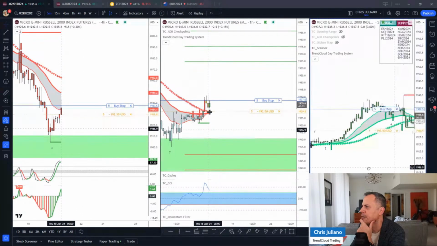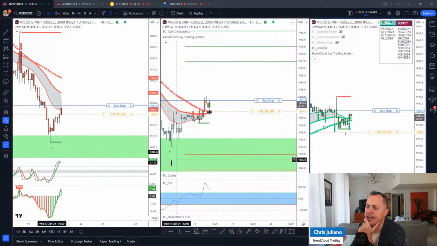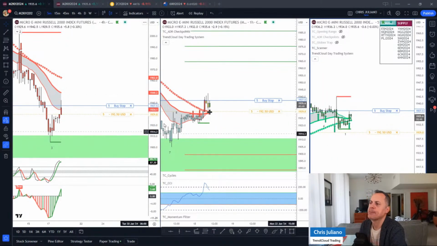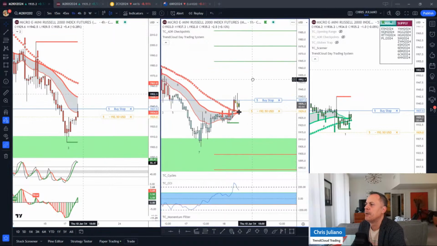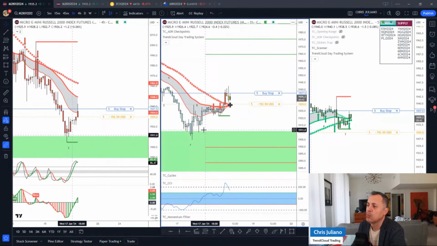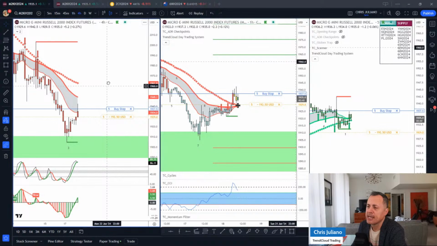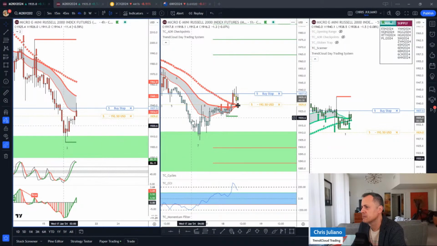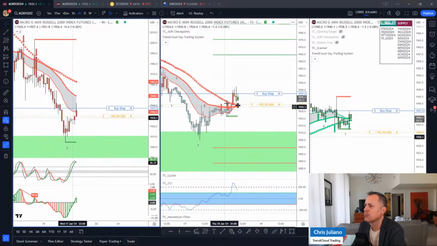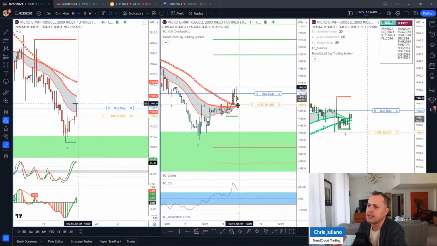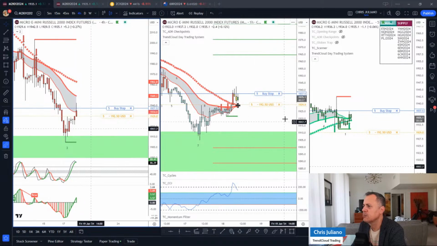So, not sure what's going to happen. What's going to happen there? But what I'm looking at here is extended trend here on the 1 hour, recalculated, hit here, and now it might go sideways for a while, right?